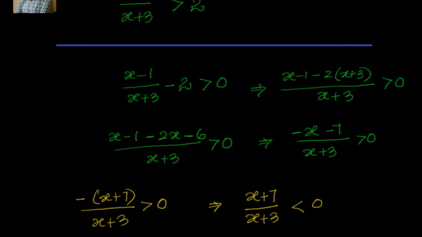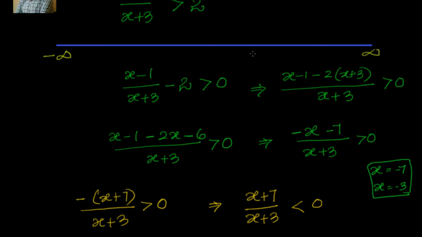But I prefer to directly find the values which will make the numerator and denominator equal to 0. x plus 7 equal to 0 means x equal to minus 7. x plus 3 equal to 0 gives me x equal to minus 3. So minus 7 and minus 3 are critical points which are going to decide how the solution set looks.